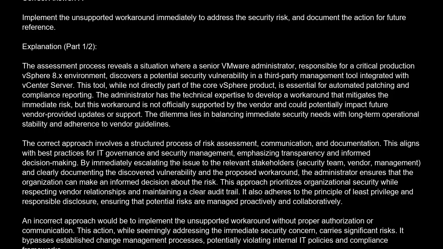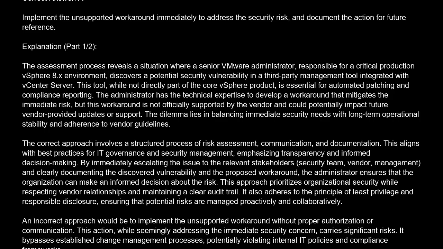The correct approach involves a structured process of risk assessment, communication, and documentation. This aligns with best practices for IT governance and security management, emphasizing transparency and informed decision-making. By immediately escalating the issue to the relevant stakeholders, security team, vendor, management, and clearly documenting the discovered vulnerability and the proposed workaround, the administrator ensures that the organization can make an informed decision about the risk.